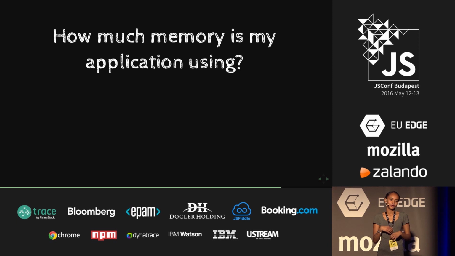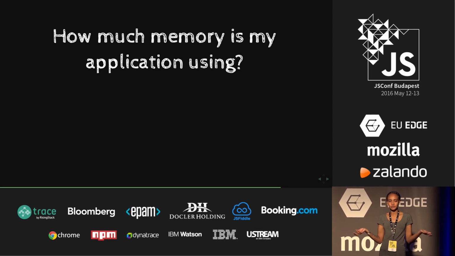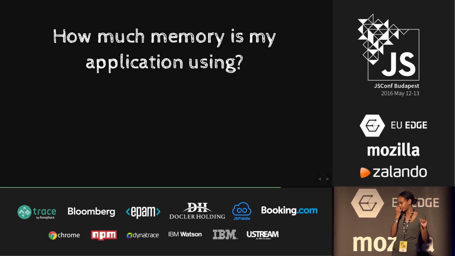So all 8 gigabytes or all 4 gigabytes of memory on a machine don't belong to you entirely, which is sad. You're sharing these with lots of other applications. If you've seen people use 48 tabs in their Chrome browser and you wonder why they torture their browser like that, you have to share memory with all of the other tabs they have open.